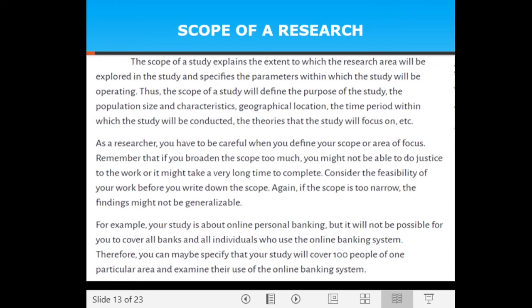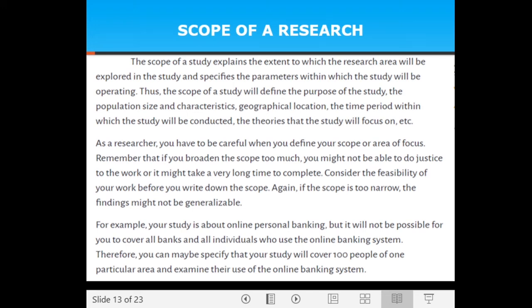So the coverage of your research is only restricted to Central University of Punjab. That is your scope. You have to mention clearly that due to financial constraint and time constraint, I cannot analyze all the libraries in the Punjab state. So I am restricting my study only to the Central University of Punjab Library. This is my scope of research.